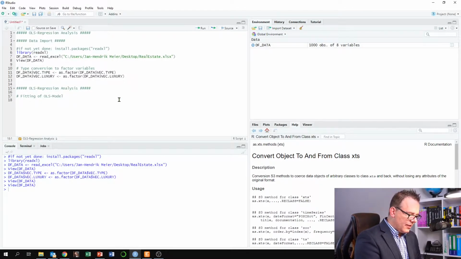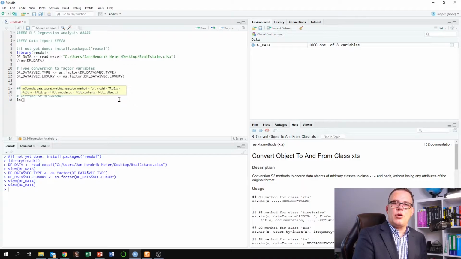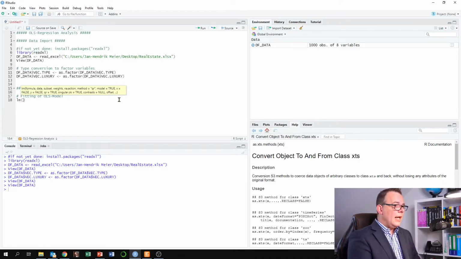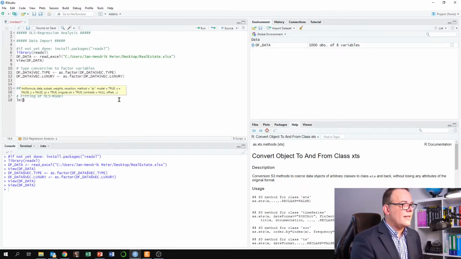And the very first fitting of an OLS model we can do using the lm command. lm stands for linear model. And now I have to hand over the formula, the econometric model, let's put it like this, or statistical model.